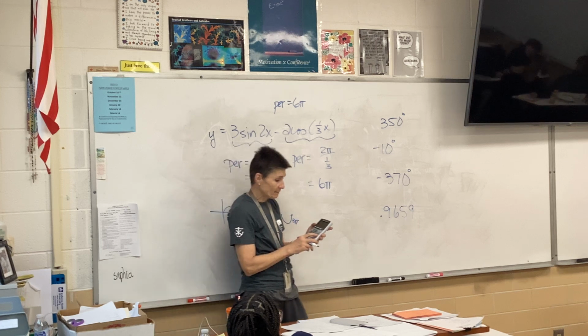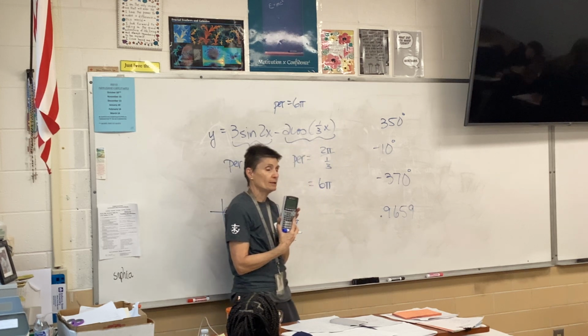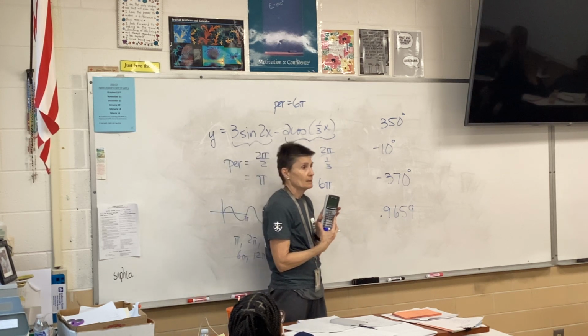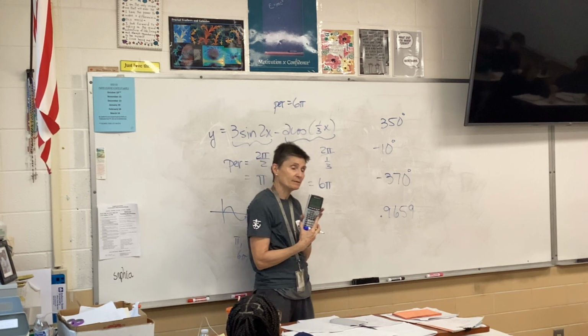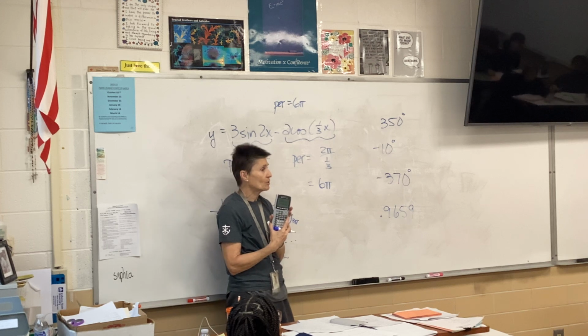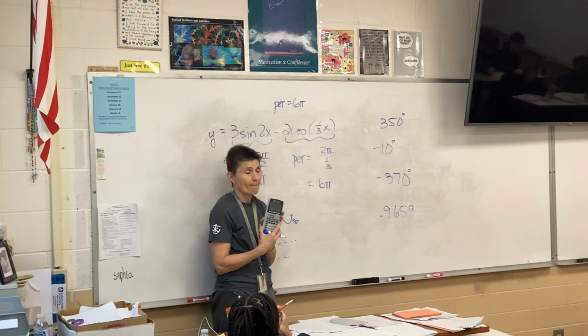The pi button is right underneath your clear button. In chapter 5, we will learn how to do this problem by hand. But right now, the only thing we can do is type it in our calculator. Everybody get that?